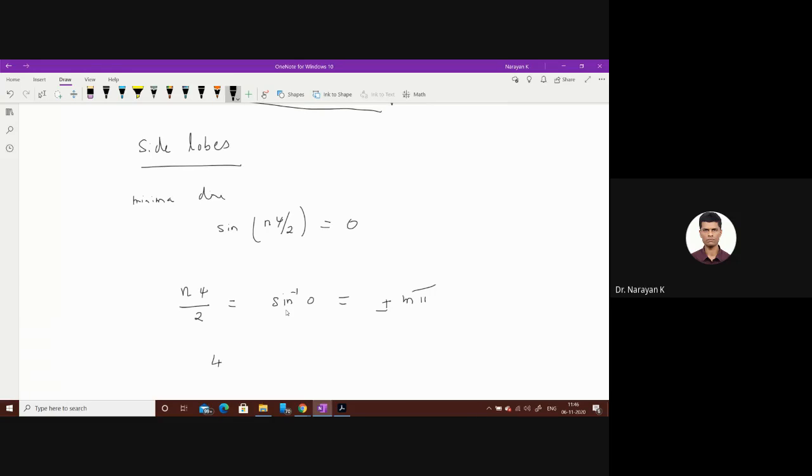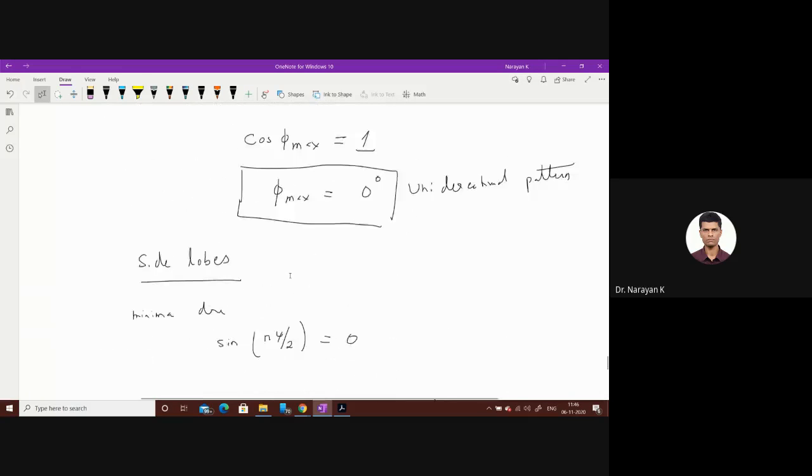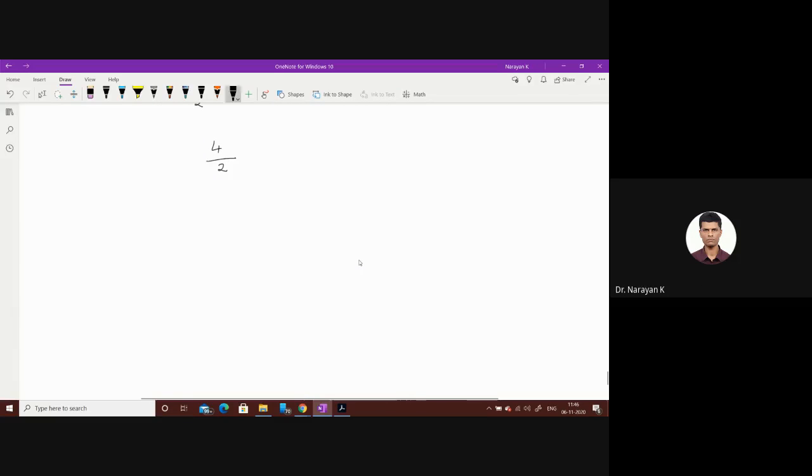So n is equal to 4, 4 by 2. What is your phi value? Pi of cos phi minus 1. Pi of cos phi minus pi of cos phi minus 1. So this will be a subsidiary minima. That is equal to plus minus m pi. Okay.